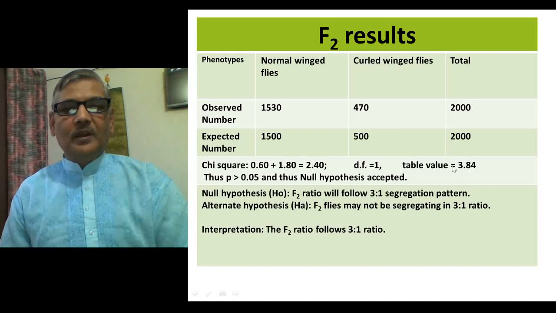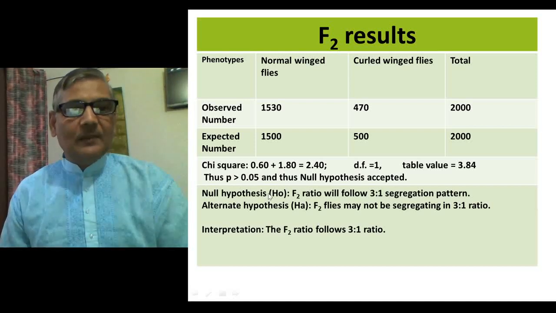So when you compare this table value with the calculated value, that is 2.40, you find that the calculated value is less than the table value. It means the probability will be more than 5%. The probability of occurrence of this event will be more than 5%, and you thus accept the null hypothesis.